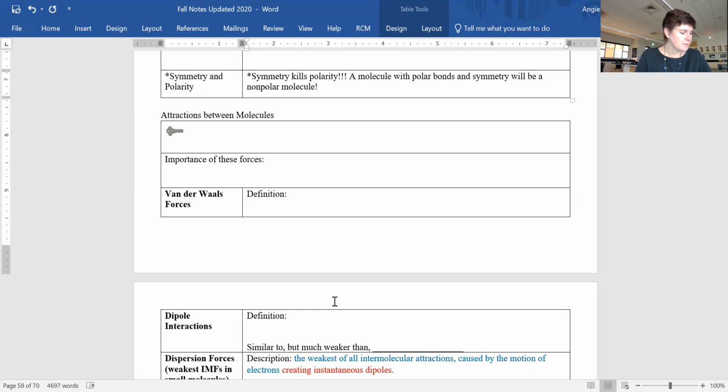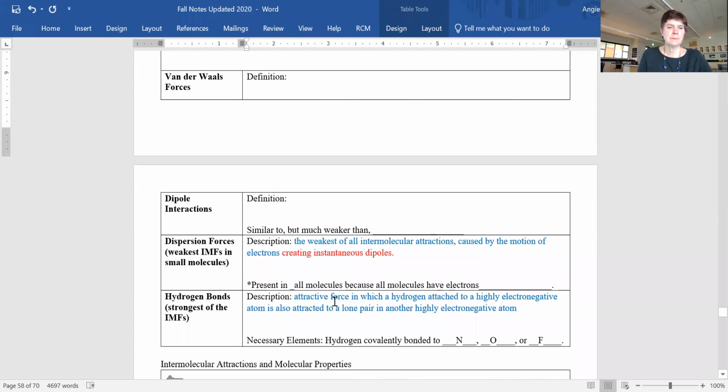The importance of these forces is that they will determine things about a molecule. So whether a sample of that compound is a solid, liquid, or gas at room temperature, it will also determine other properties like reactivity and things like that. So that's the importance of these forces, okay?